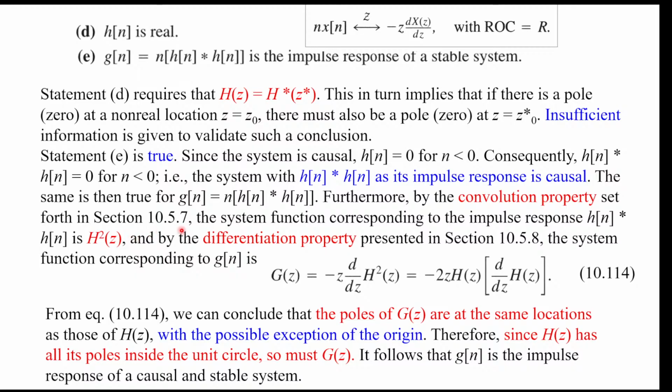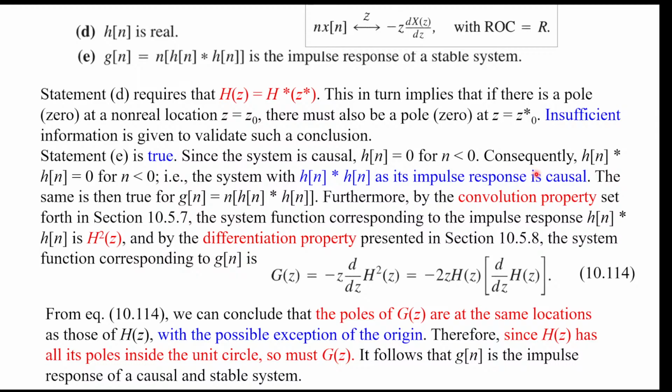Let's see the system function corresponding to the impulse response. So you have h convolved with h, which in the z-domain is H(z) squared. We need to use a whole bunch of properties to find the z-transform of n times h convolved with h.